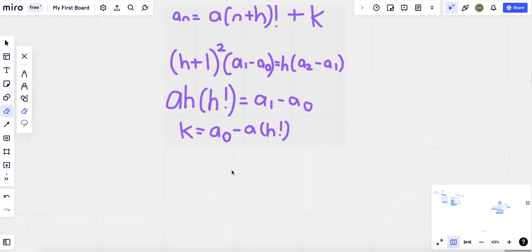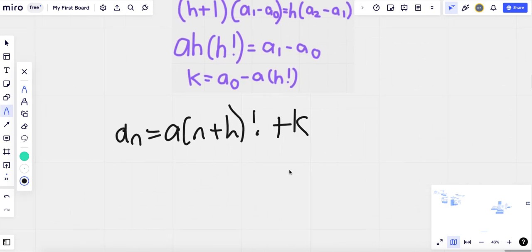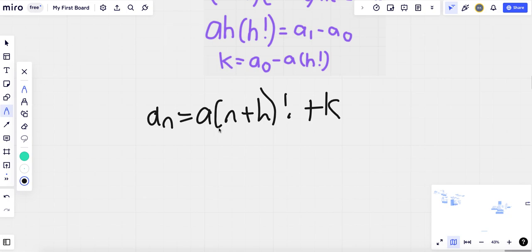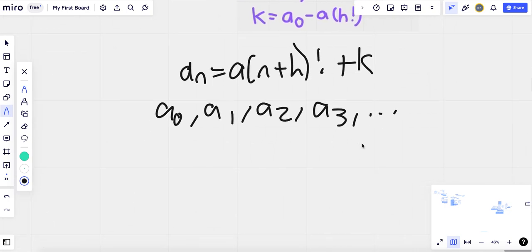So the general form for transformations for n factorial can be written as this. And now, as always, I'm going to say that the terms of this are a0, a1, a2, a3, and so on. And then I'm going to use systems of equations because my goal is to write a, h, and k in terms of these constants.